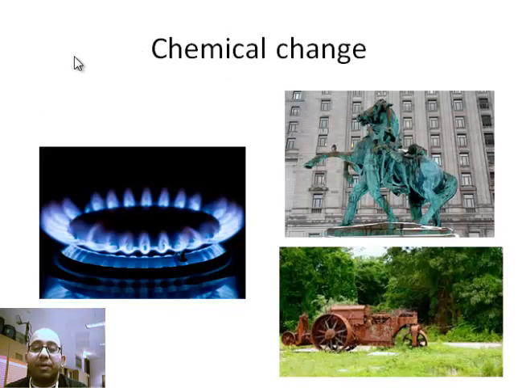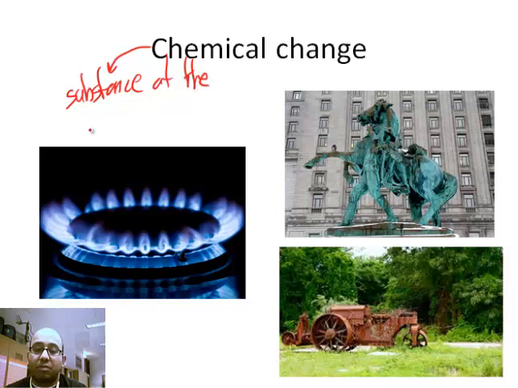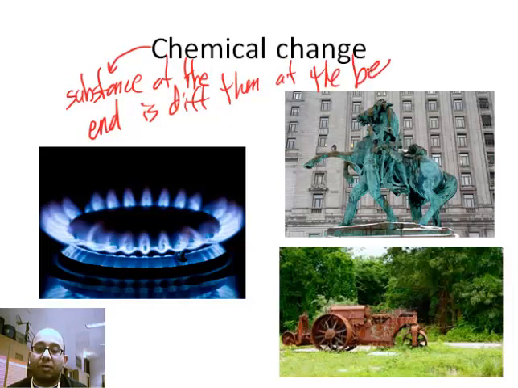Now we should talk about chemical changes. A chemical change occurs when the substance at the end is different than the substance at the beginning. So here are some examples that I've shown you.